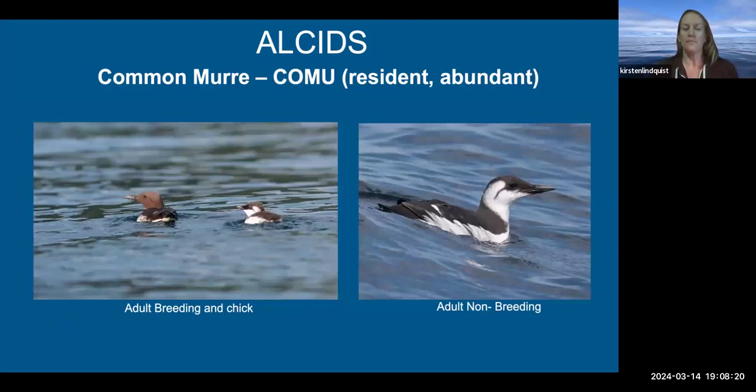Common murres, these are our biggest, we get the most dead of this species. We don't see them very often live on our surveys. They have a really cool strategy: they have 1 egg on exposed ground on the Farallon Islands, and after the chick has hatched and grown a little bit, they encourage the chick to jump off the island with no main flight feathers.